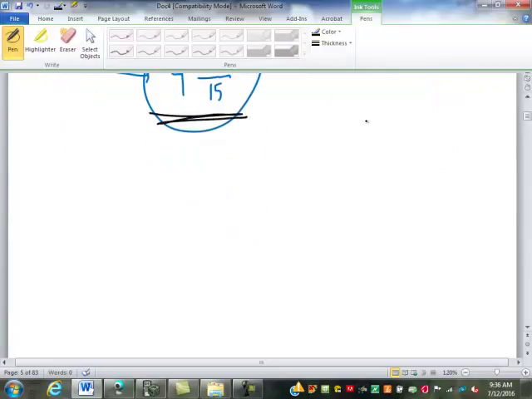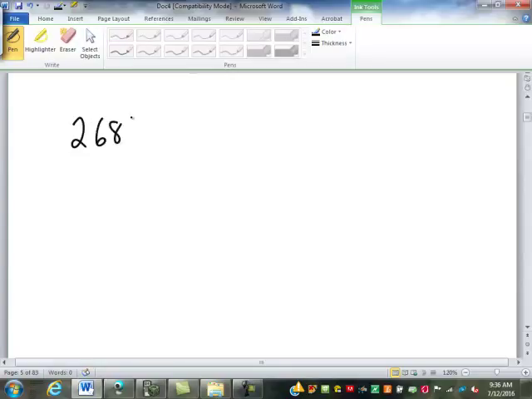Let's do one more of those since they seem to be a little difficult. Let's do 268 and 1/3%. Convert that into a fraction. Talk me through it. Okay, I can pull the 2 aside since that's over 100%.